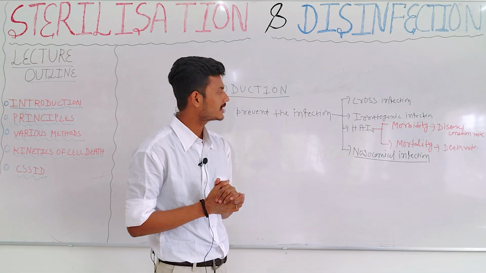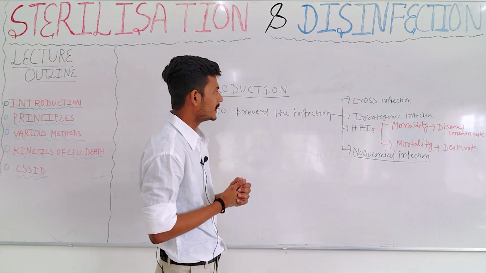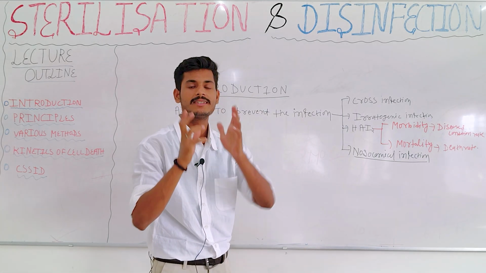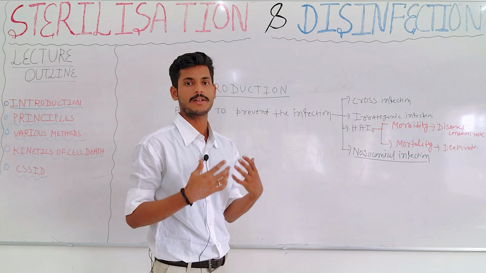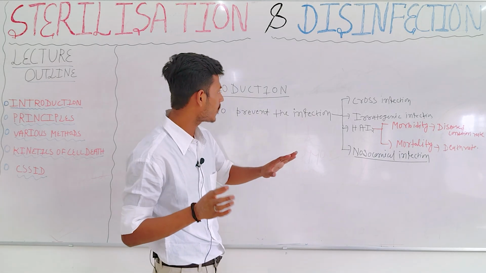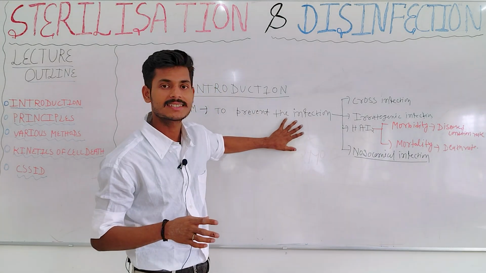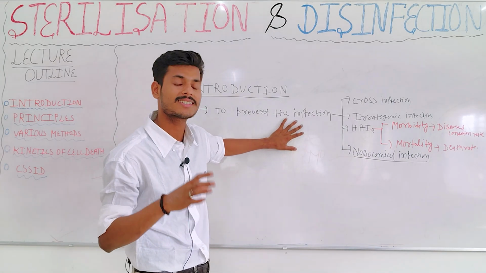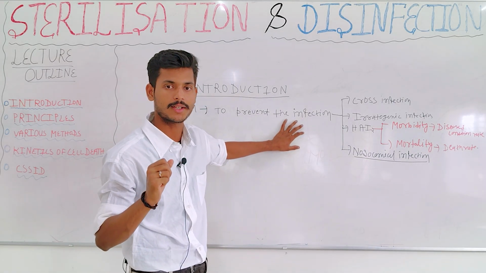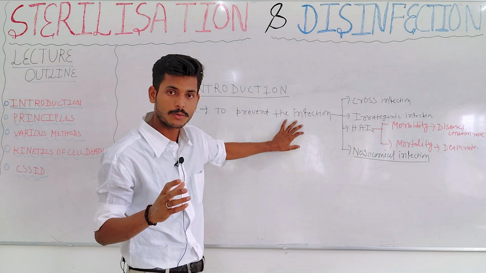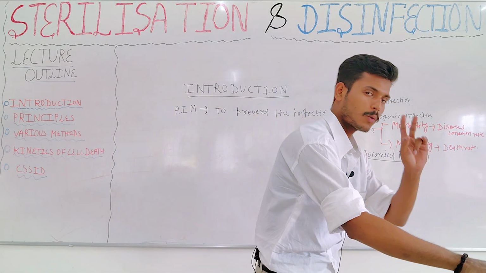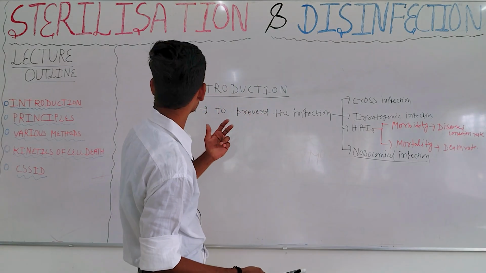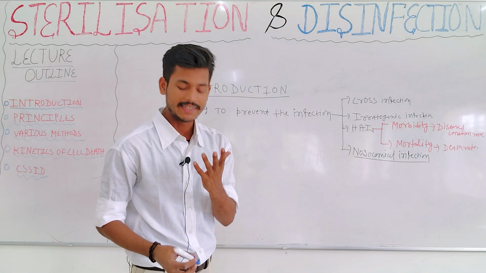Hand wash and masking are some of the means to protect a person, and that also comes under sterilization and disinfection, or you can say, the control of microorganisms. So for control of microorganisms, there are various means, but one of the means is sterilization and disinfection.